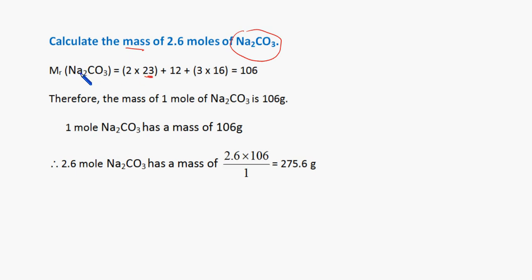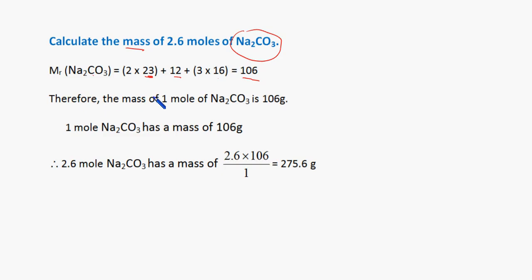And we have 2 sodium atoms, so it'll be 2 multiplied by 23. We have 1 carbon atom, so we add 12. And we have 3 oxygen atoms, so it'll be 3 by 16. Now the 23, the 12, and the 16, you would have gotten that from your periodic table. And this gives us a value of 106. What does this number mean?